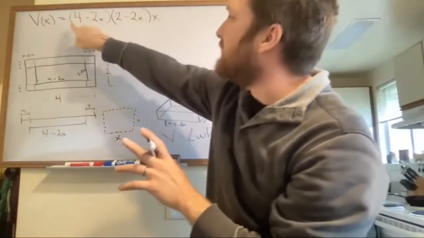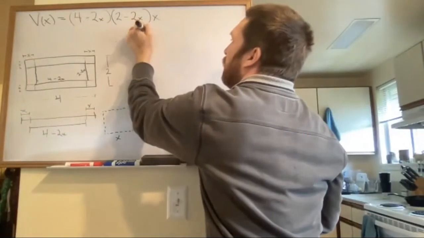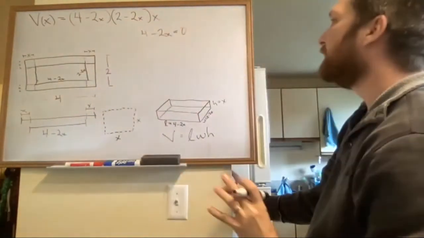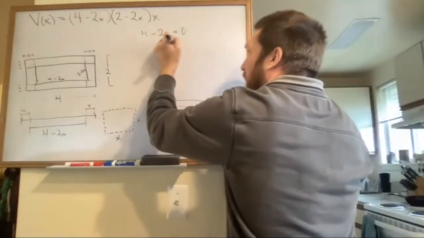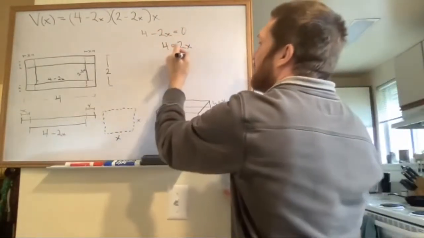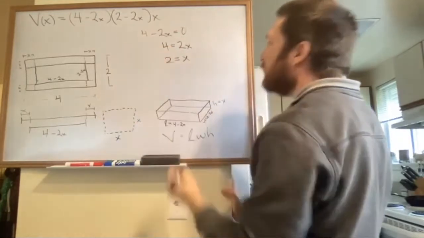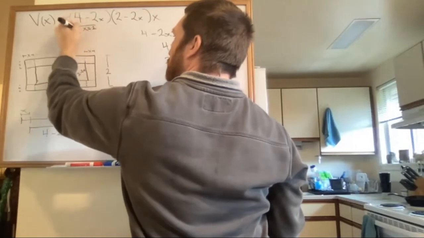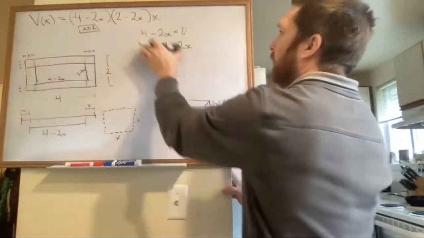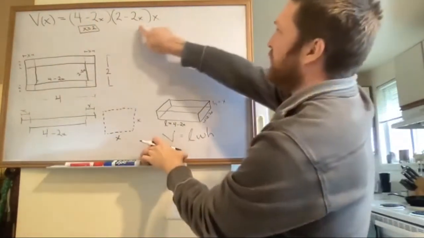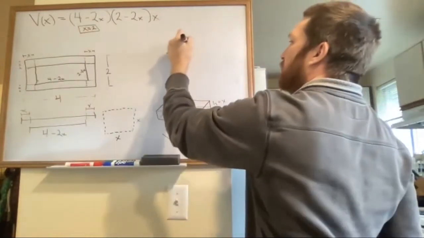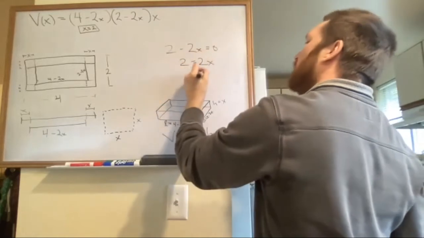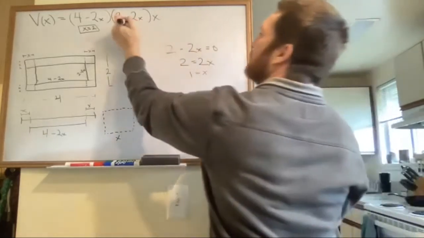So whenever 4 minus 2x is equal to 0, we get a 0, which I could solve by going, okay, 4 minus 2x, divide both sides by 2, and I get that x equals 2. And you would be right. When x equals 2, you get a 0. And over here, when 2 minus 2x is equal to 0, that's the same thing as saying 2 equals 2x. So then when x equals 1, you get a 0.